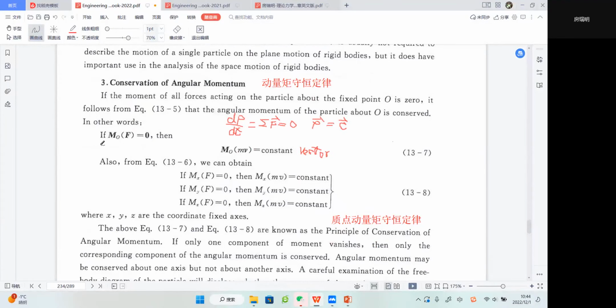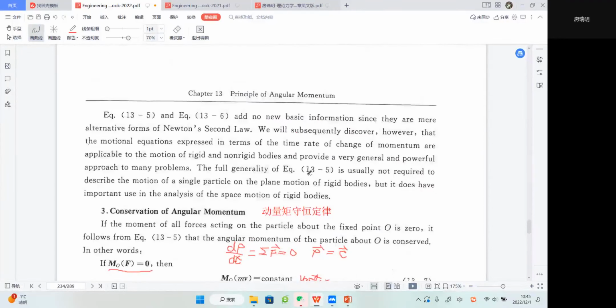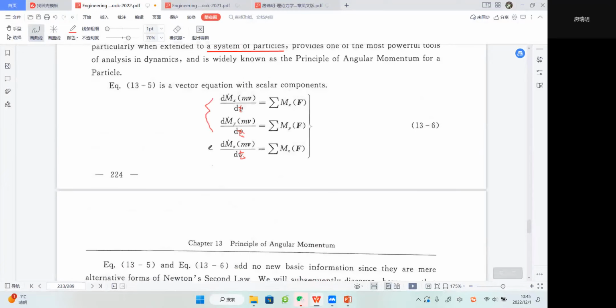So if we cannot have this condition totally fulfilled, but we can find that some component like Mx(F) equals 0, My(F) equals 0, or Mz(F) equals 0, then we will have Mx will be a constant, My will be a constant, and Mz will be a constant respectively, just because we also have these three scalar component equations, right?